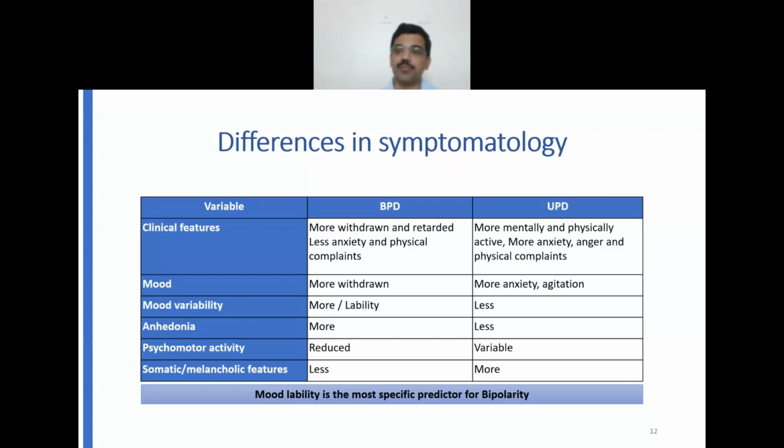There can be evidence of mood lability in bipolar depression. The patient will report severe anhedonia or a lack of drive to do anything. The psychomotor activity will be grossly reduced, so there will be almost a kind of mental and physical freezing. However, the melancholic or somatic symptoms will be less in bipolar depression as compared to unipolar depression. And among all of these features, mood lability is the most specific predictor for bipolarity.